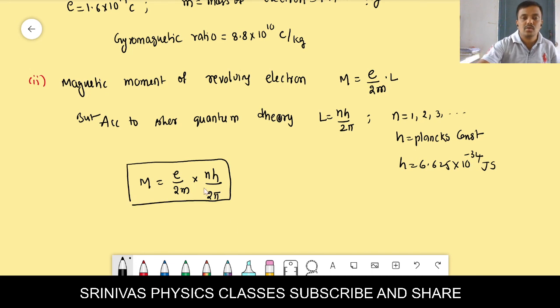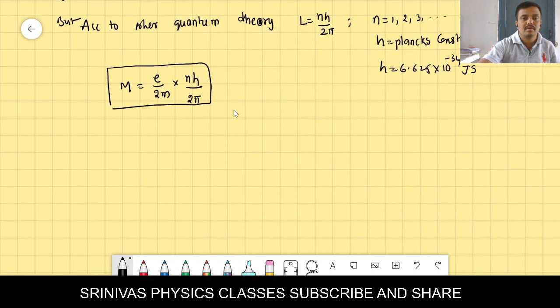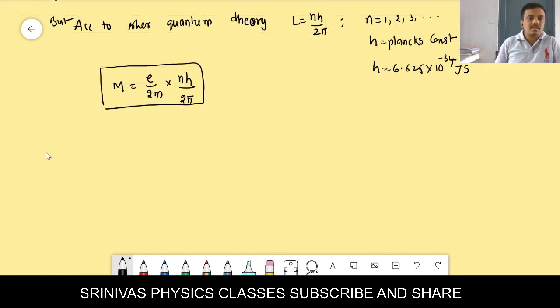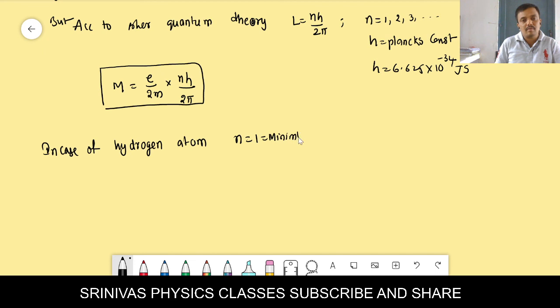Now, in case of hydrogen atom, n is minimum 1. Only one orbit will be there, that we write as n is 1.